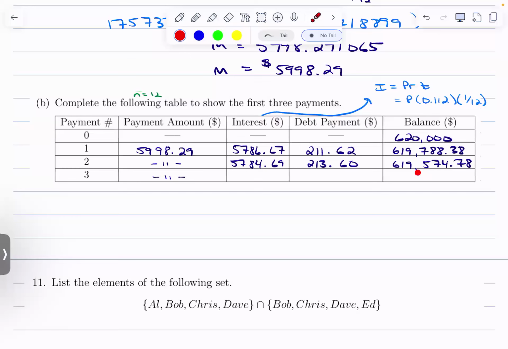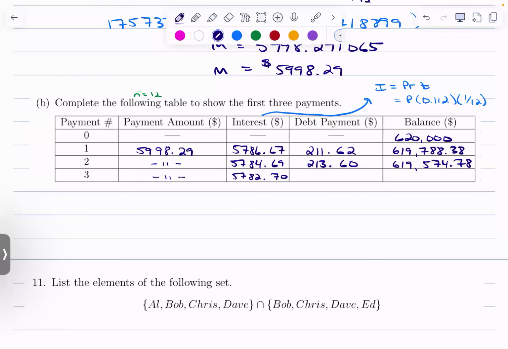So now for the final line here, 619,000 blah, blah, blah, times 0.112 divided by 12. 5782.70, rounding properly. 5998.29 minus, oops, I did it wrong. 5998.29.